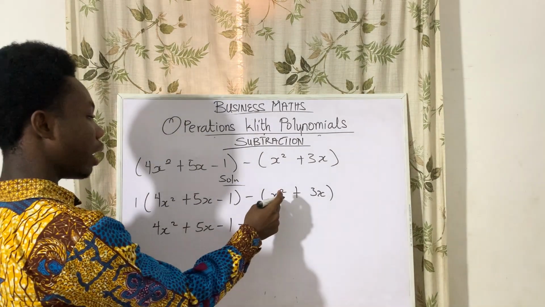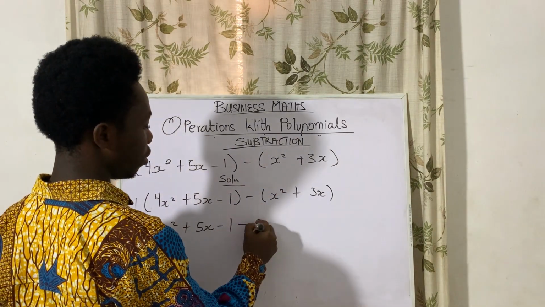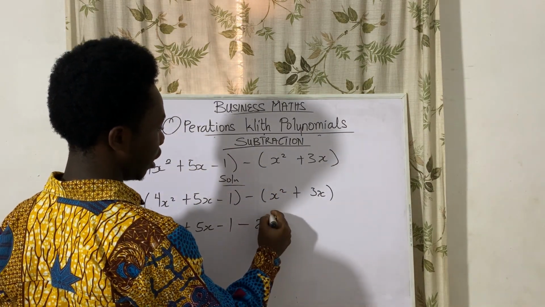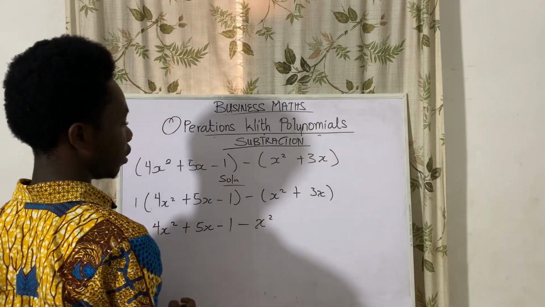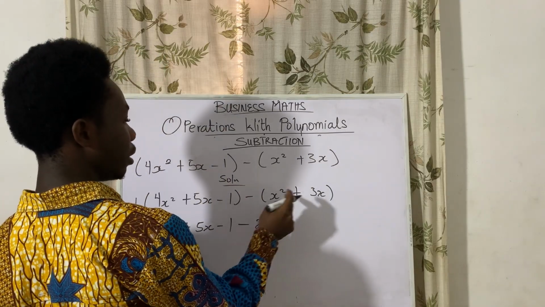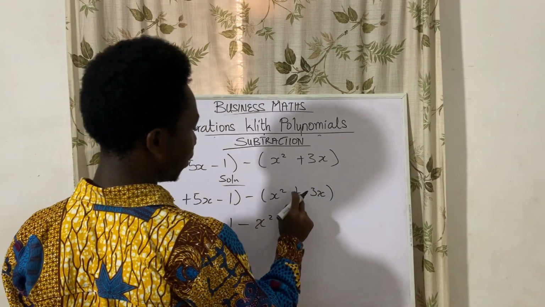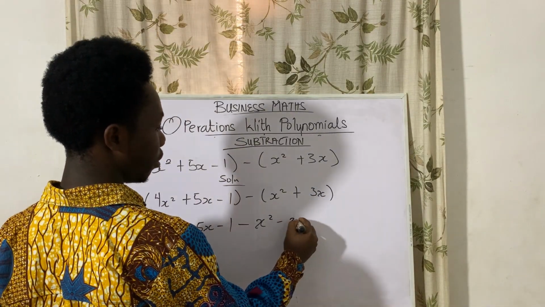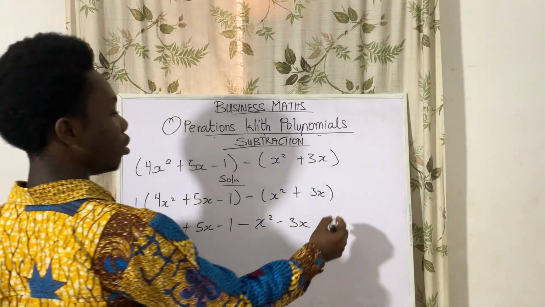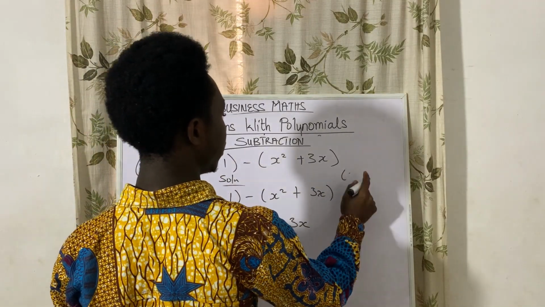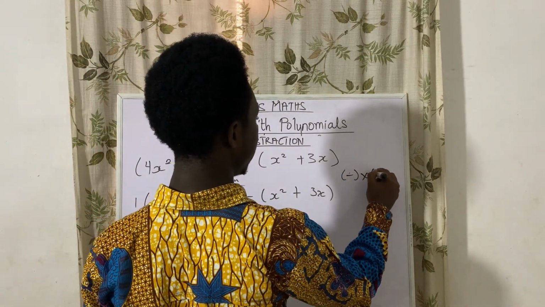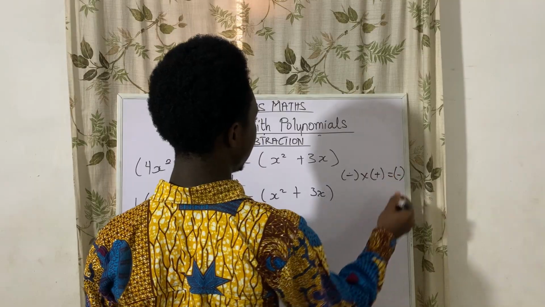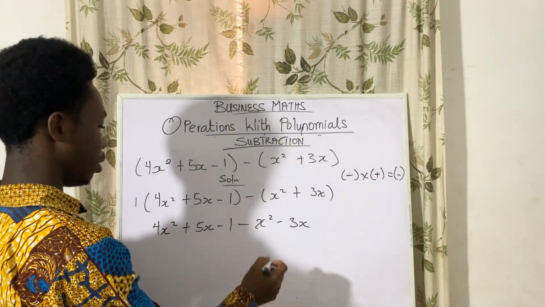So negative 1 times x squared, you are going to get minus what? X squared. Now negative 1 times plus this, you are going to get minus. It's going to change. Note that negative times positive, you get what? Negative. Always put this in your mind. So you're going to get this.